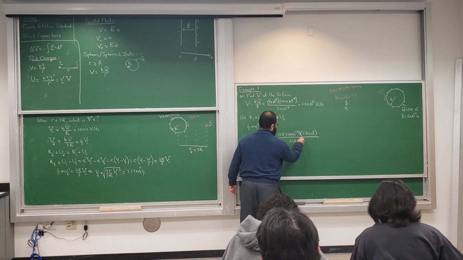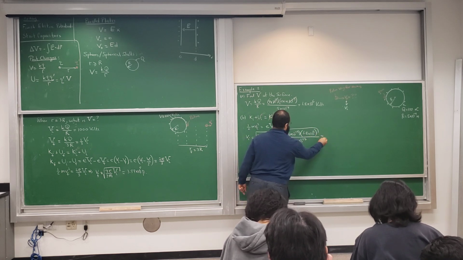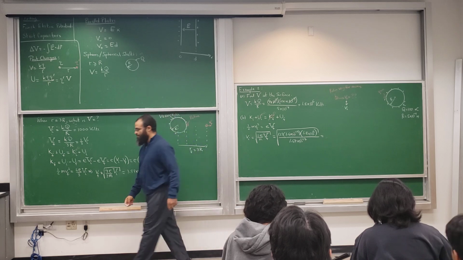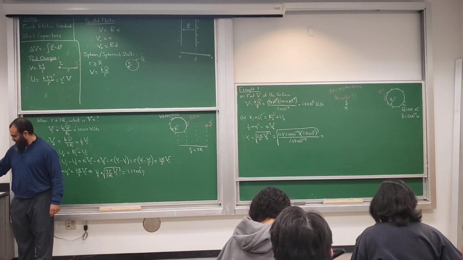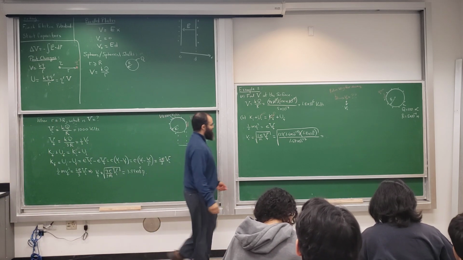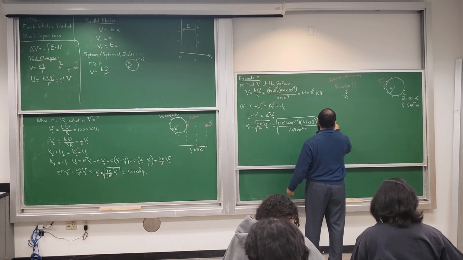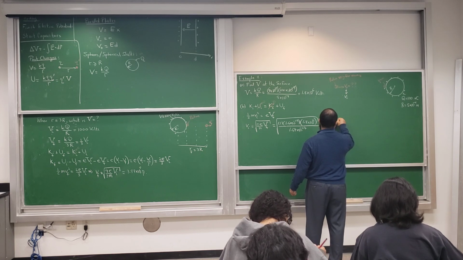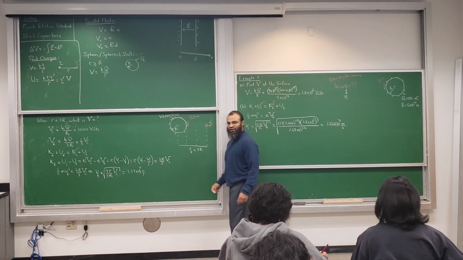Divided by 1.67 times 10 to the minus 27. So 1.86 times 10 to the 7. Very fast.